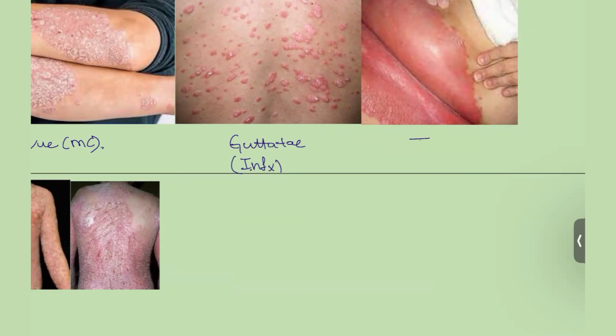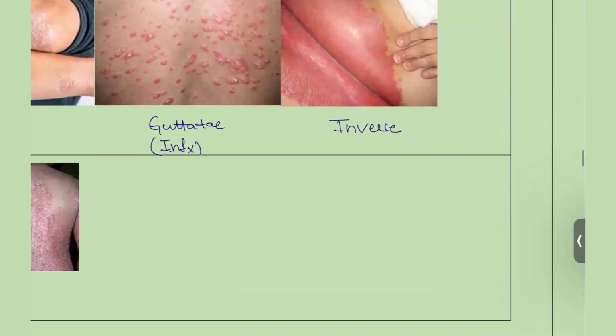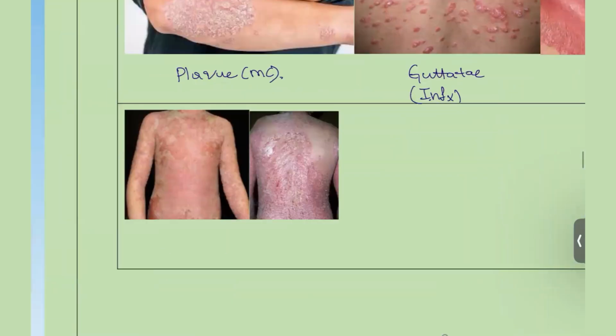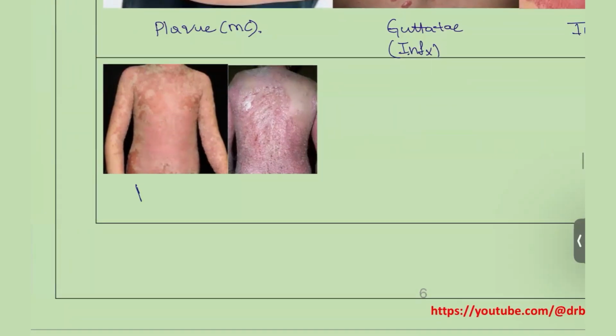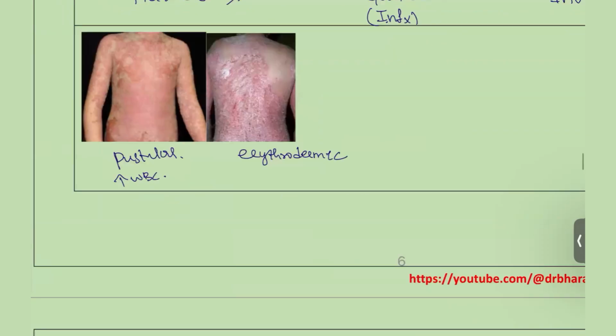Next, inverse psoriasis, commonly seen in the skin folds. Next, pustular psoriasis, associated with an increase in WBC count. Next, erythrodermic psoriasis: extensive widespread erythema and inflammation will be seen in this patient, and it can be life-threatening.